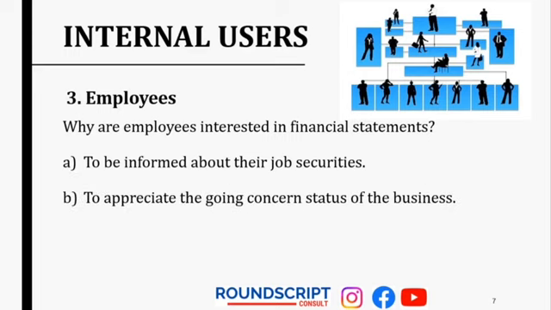Also, when employees assess the accounting information of a business, they are able to ascertain that this business is going to last for so long based on their liquidity and based on their asset base.